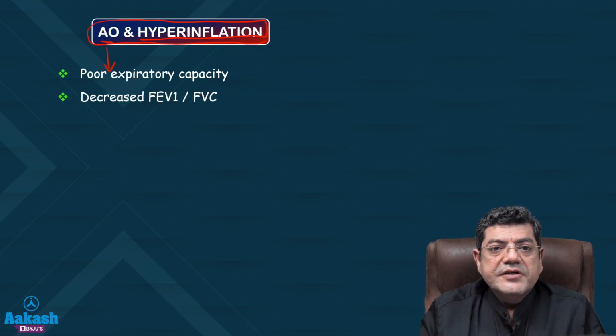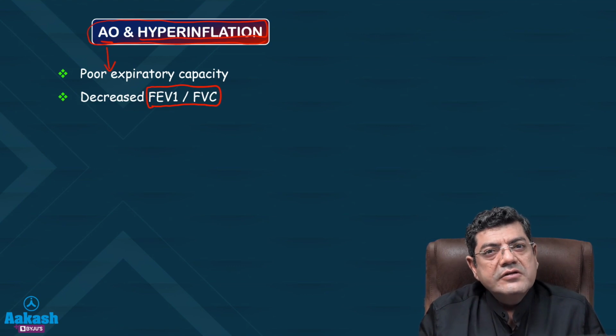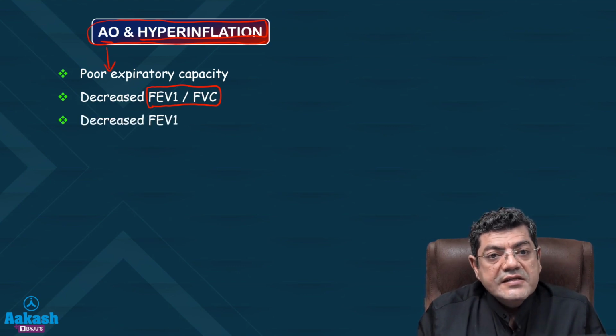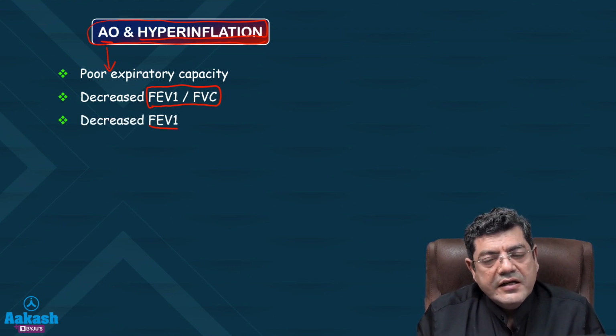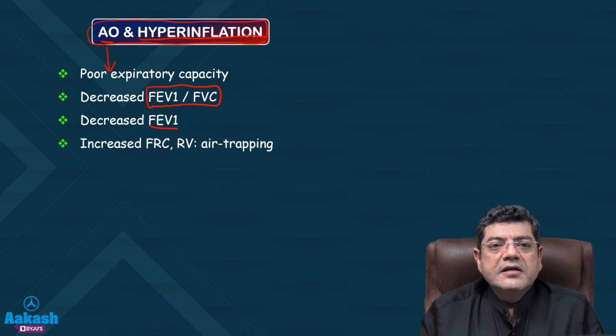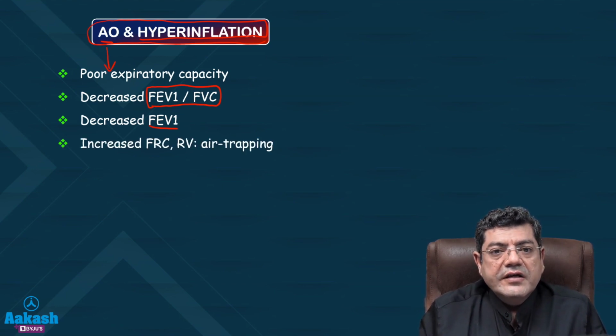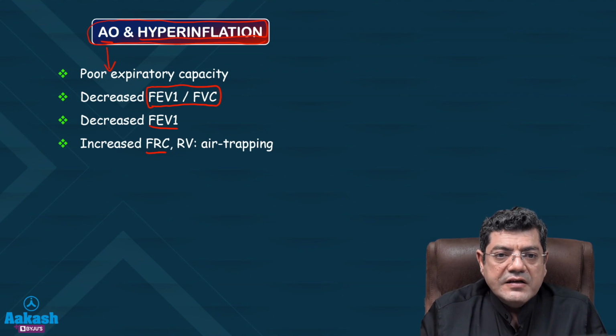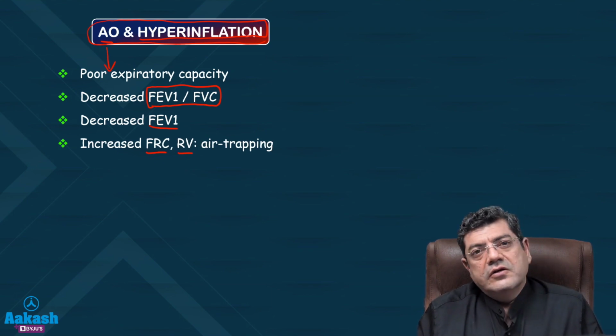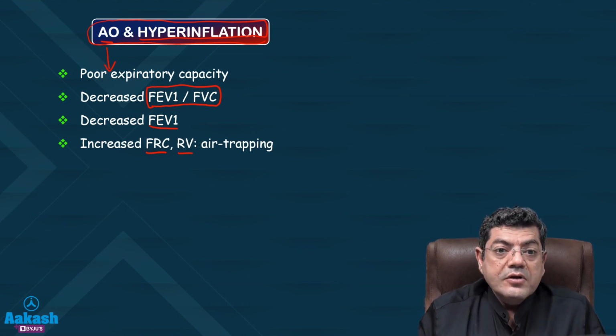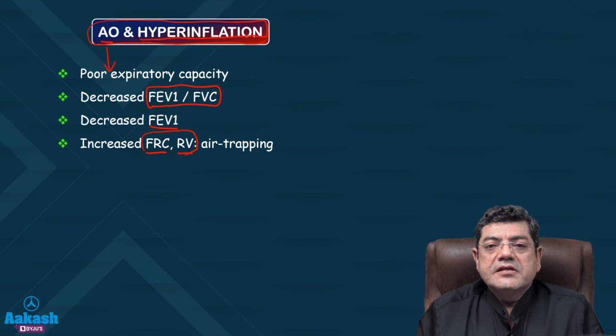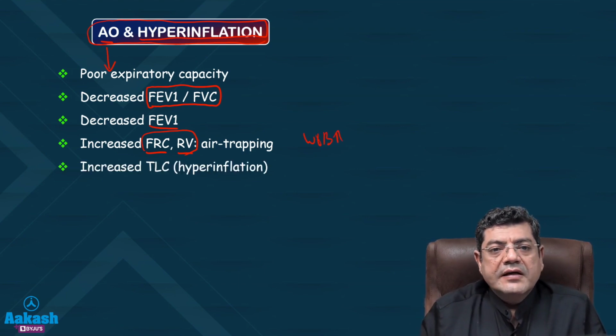Expiratory capacity is measured specifically by the FEV1 FVC ratio, and that's how it's defined. Staging is done by the FEV1, again an expiratory measurement. Because of air trapping, the functional residual capacity and the residual volume are increased. Because these are increased, these patients have increase in work of breathing. More on that later, right?